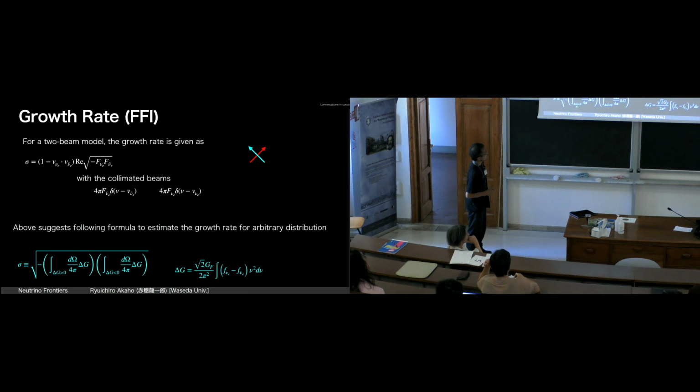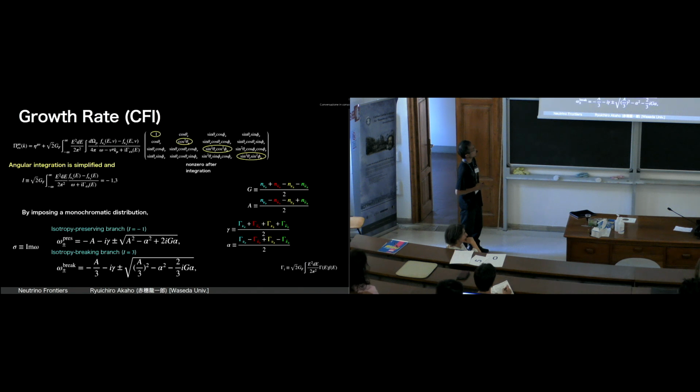And as you can see here, the integrated region is plus and minus, and if this delta G takes both negative and positive values, this growth rate becomes positive, which indicates the existence of flavor instability. And basically, we calculate the growth rate with this formula.